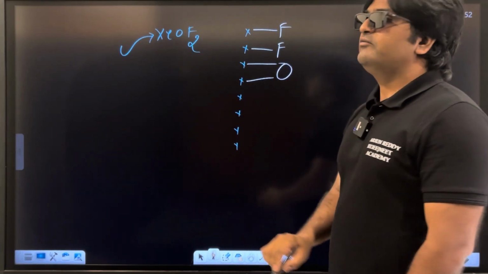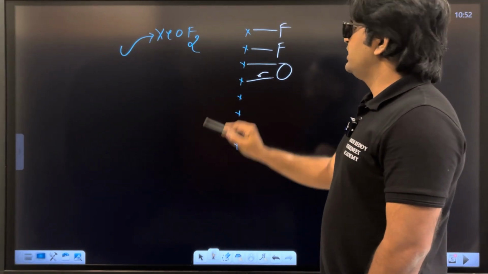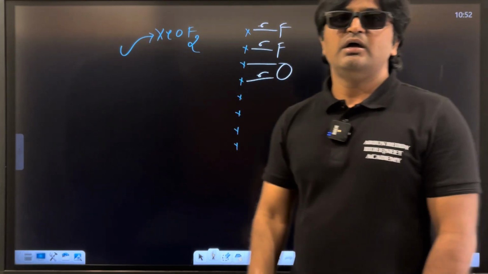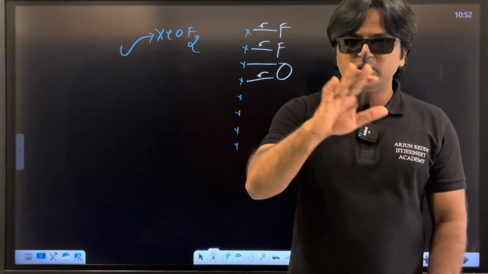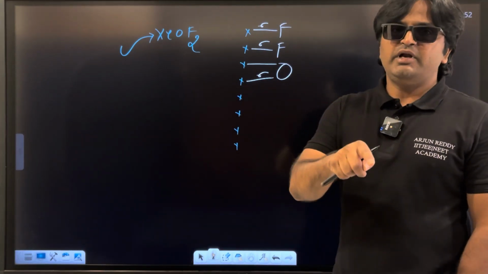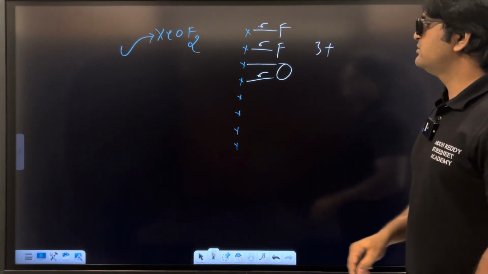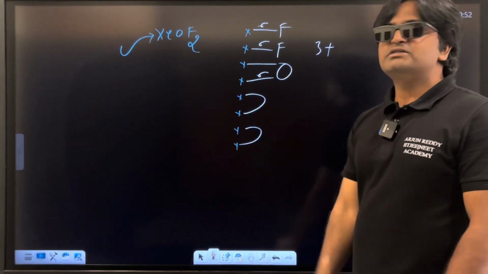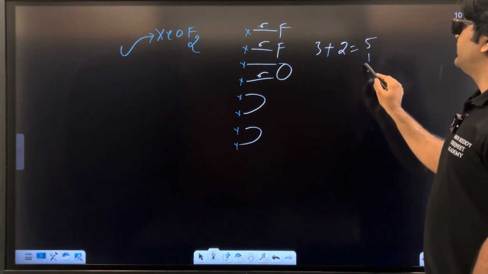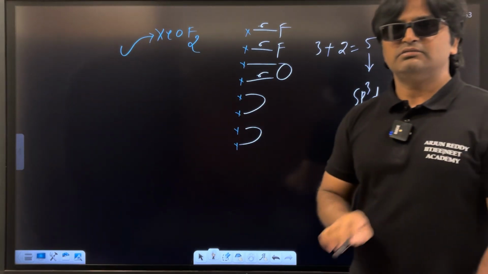For the bivalent atom we give 2 electrons. Out of the 2 bonds, one is a sigma bond and one is a pi bond. Sigma bonds are formed by hybrid orbitals, so from the 2 bonds we consider only the sigma bond in hybridization. Totally, how many sigma bonds? 3 sigma bonds. How many lone pairs? 2 lone pairs. 3 plus 2 equals 5. Then the hybridization is sp3d. That's it.